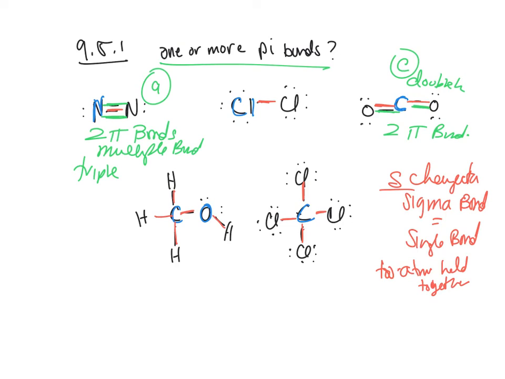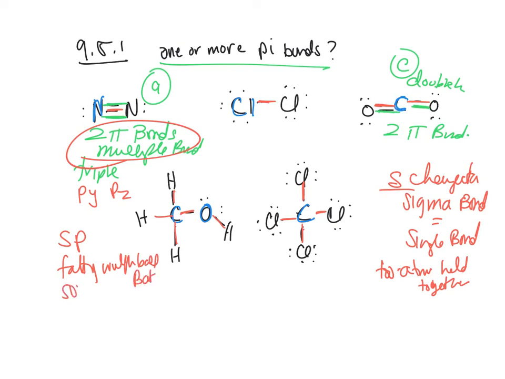Now I want to tell you about hybridization. The hybridization for these, if you want 2 pi bonds, then you have to have like a PY and a PZ. So the hybridization is an SP. And so what happens is this is a fat wiffle ball bat, because we're talking 50% S and 50% P. And that's in a single bond, so it's going to be really fat.